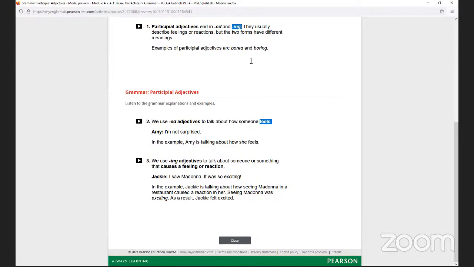For example, here we have two adjectives, bored and boring. If I say, for example, oh, today I am bored, what am I saying? I am saying that I feel bored, but just today. Maybe tomorrow I will be happy, right? So bored with ed is momentaneous, and boring is for always.